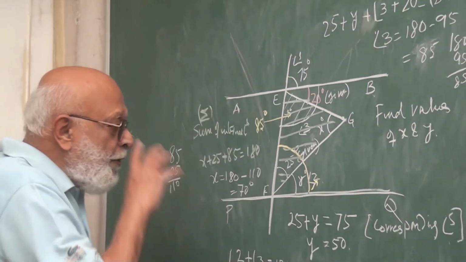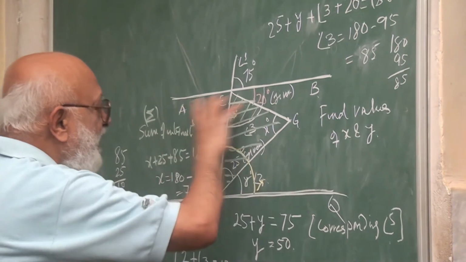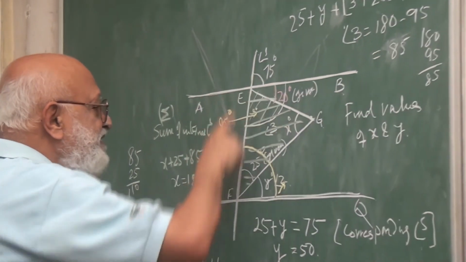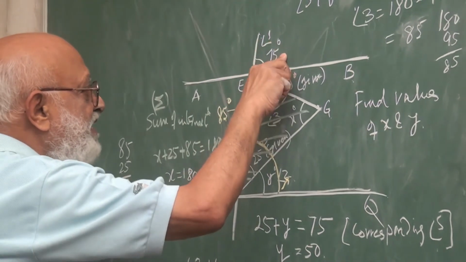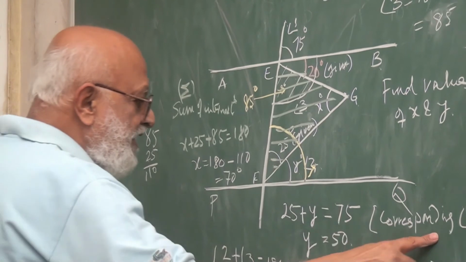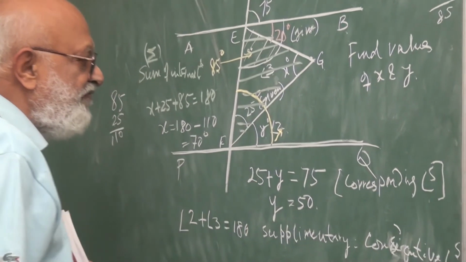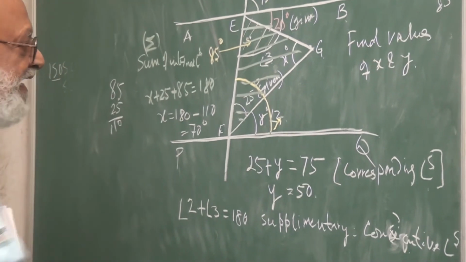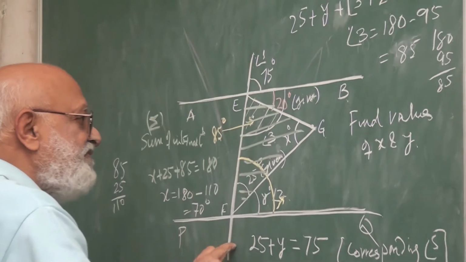Summary: we took care of these two parallel lines and said this is a transversal. First, we said this angle and this angle are corresponding angles, so we got y equal to 50. Then again, these are two parallel lines and this is the transversal.